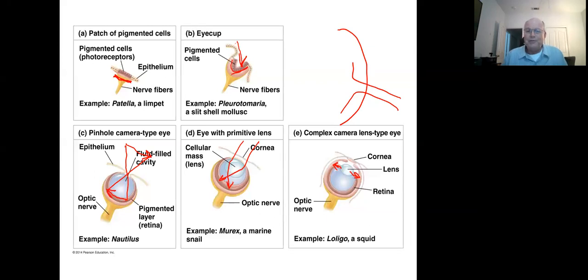And so you arrive at a similar sort of design, but the cephalopod design is in many ways superior to ours because of the interaction between the optic nerve and the blood vessels and the retina.